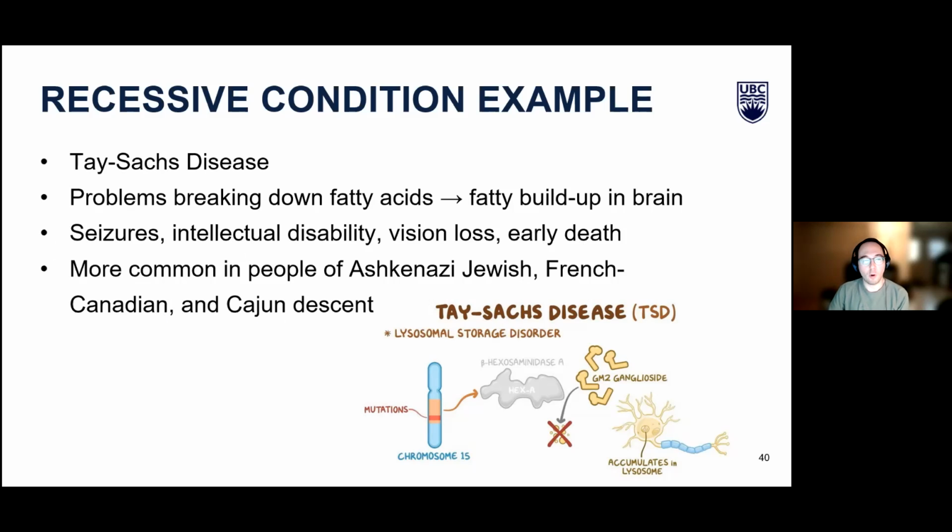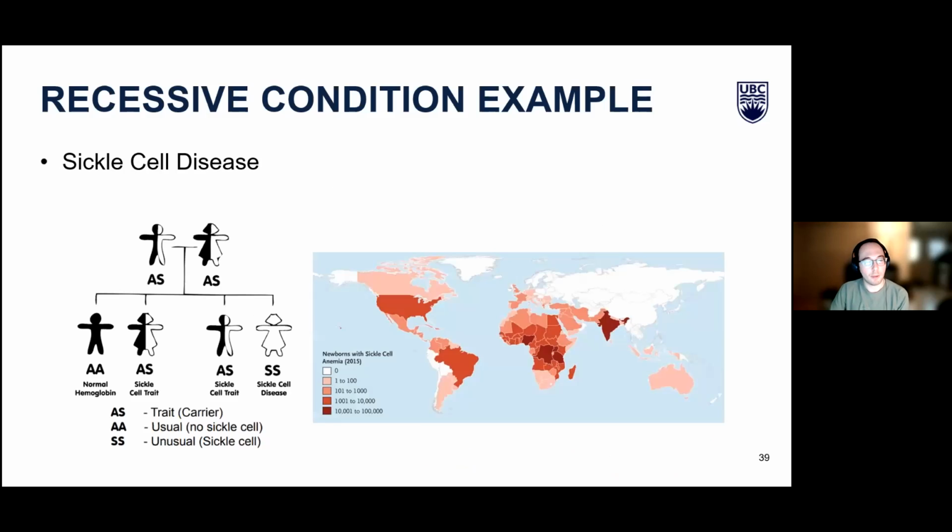So with both of these things that I've talked about, with the sickle cell disease and with Tay-Sachs disease, typically, if you are part of these groups of people, so again, I'll just go back here.